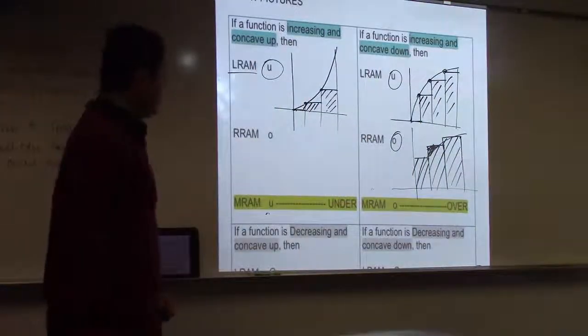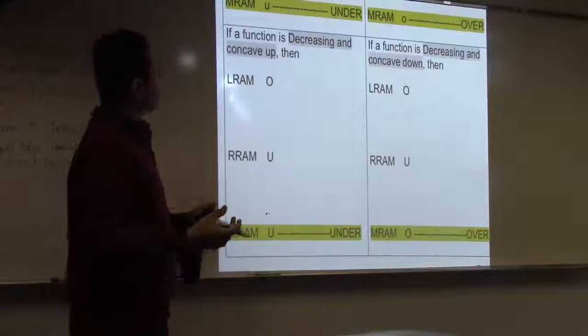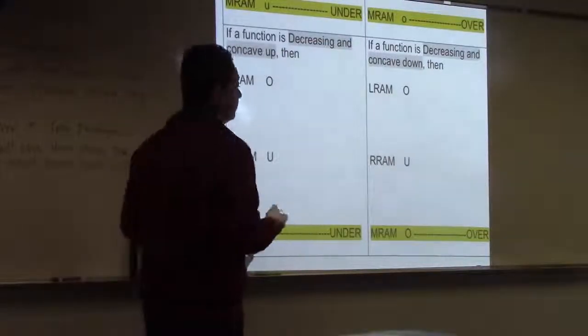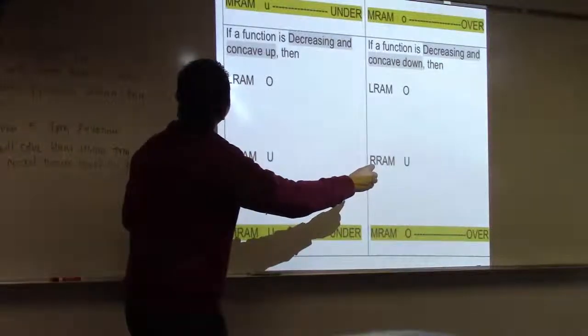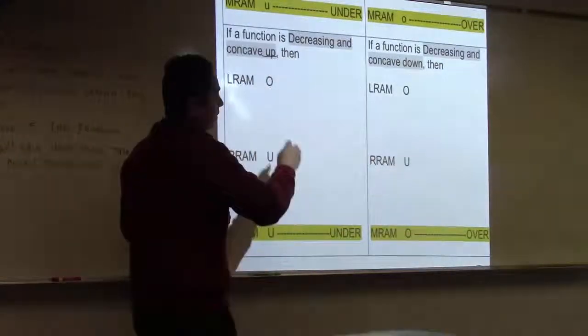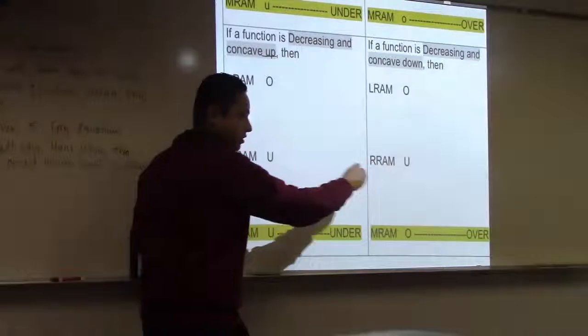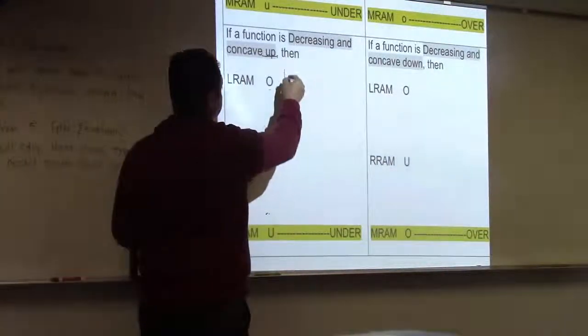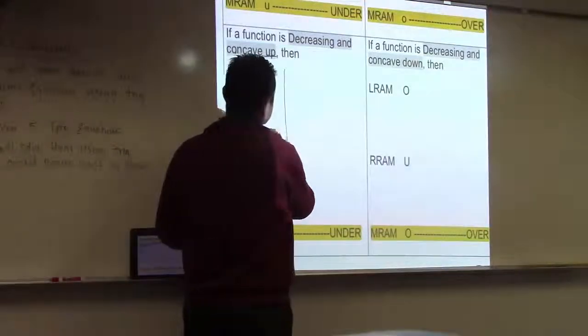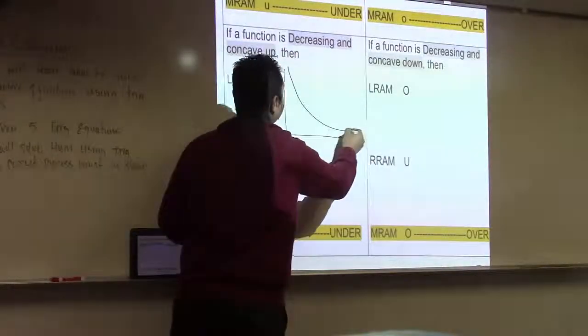So the technique is the same. So you have a function that is decreasing and concave up, I'm sorry, decreasing, concave up. That's exactly what I'm trying to draw there. Decreasing and concave up. There you have it.